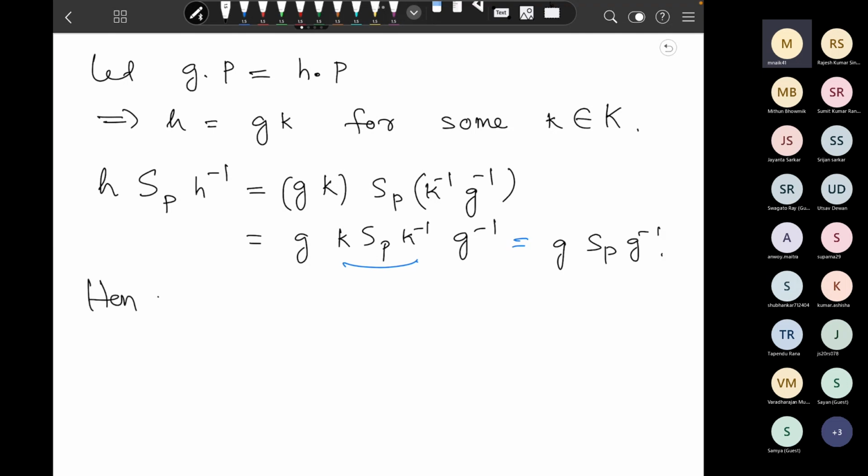Hence S_{G·P} is equal to G S_P G inverse, which is well defined.